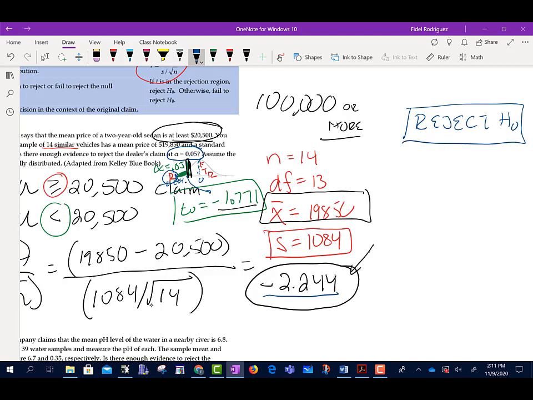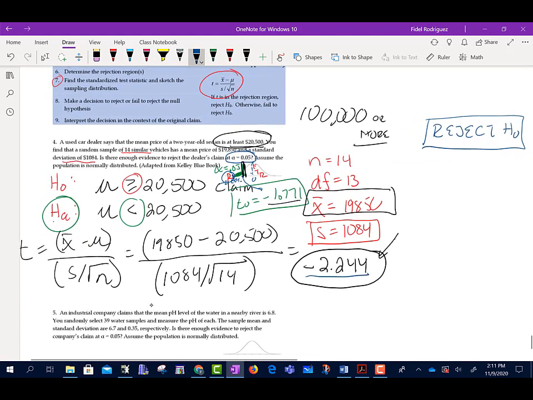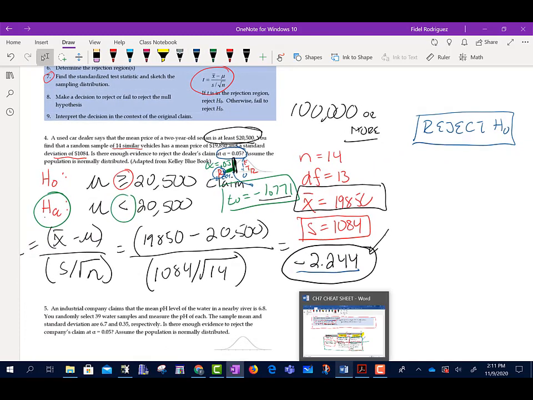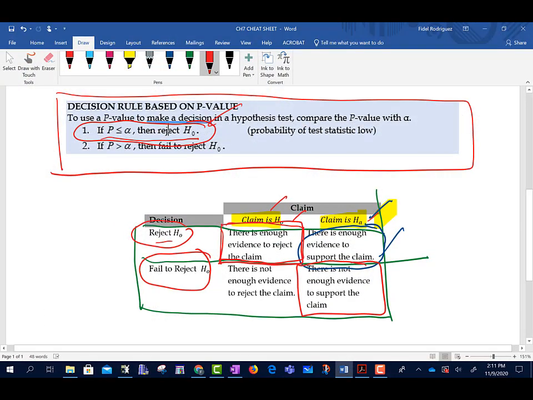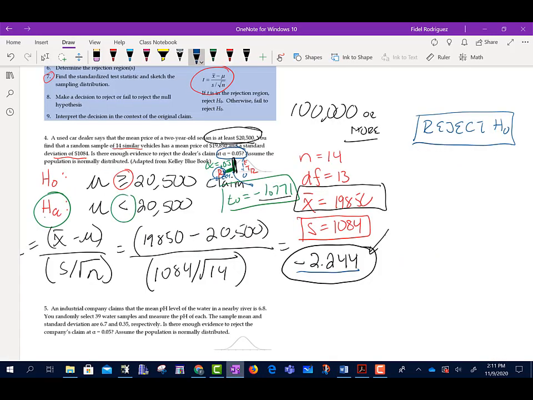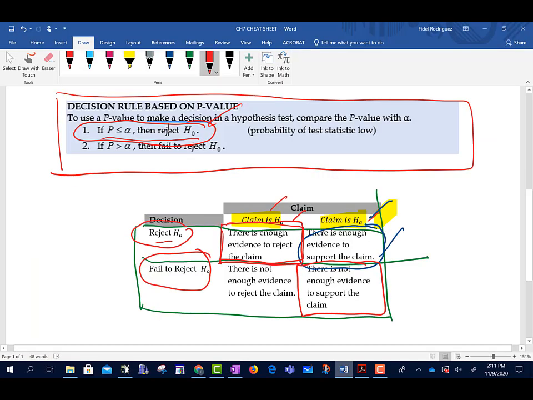Now that we rejected our null hypothesis, I'm going to come back. Let me see if I can pull this up here. Here we go. Same thing we've been using when I did the other video, I made it the other day. Which one was my claim? My claim was the null, and we decided to reject it.